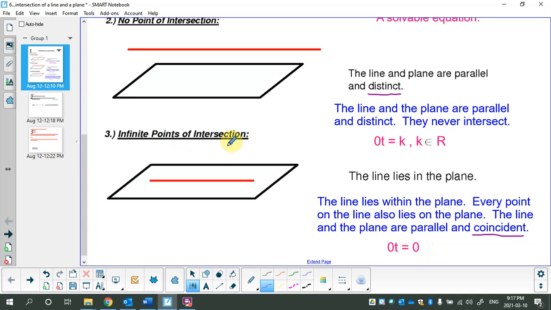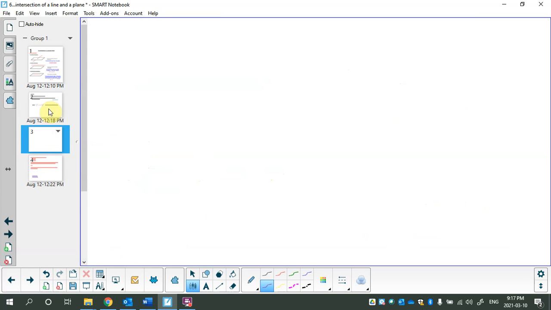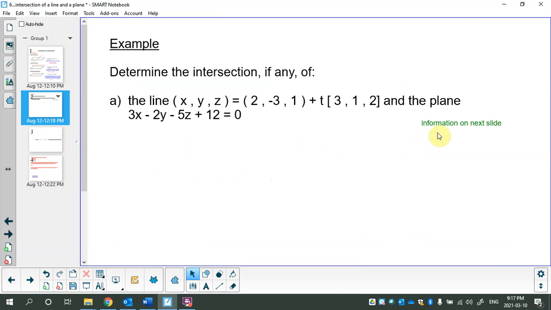So let's do an example. I'm going to take one away because I know I'm going to need some space. I've got a note here that says there's information on the next slide. Notice in this case I've got a line.